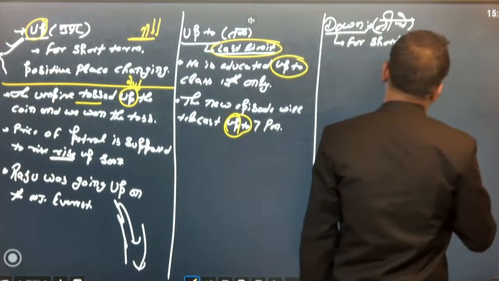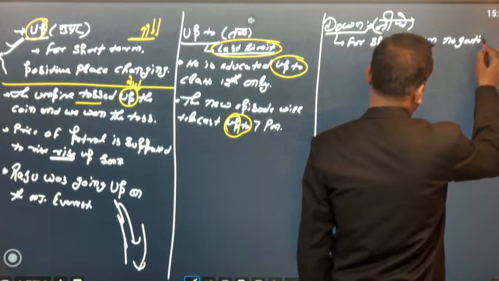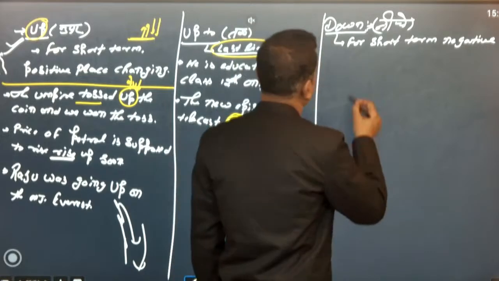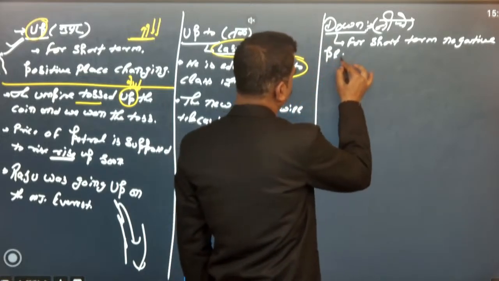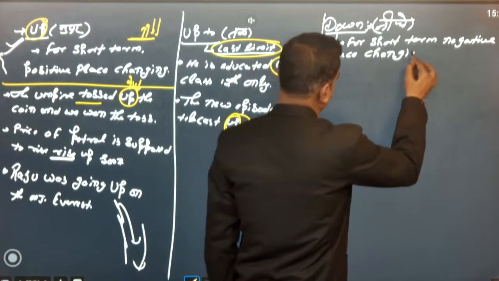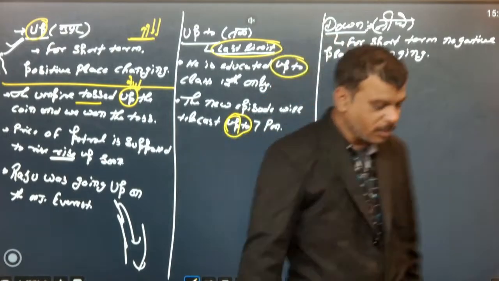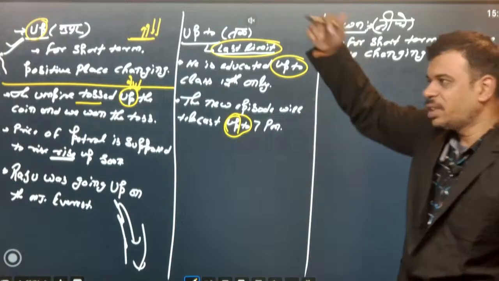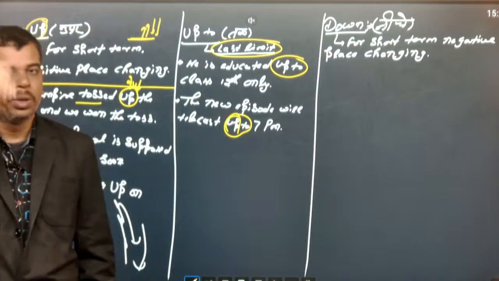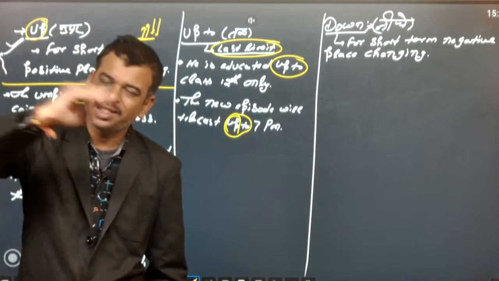For short term, negative place changing. नेगेटिव प्लेस चेंज. देखो कोई चीज ऊपर जाती है तो अप, बट वहां से नीचे आती है तो डाउन. मतलब ऊपर जाए और नीचे आने के चांस बने रहे तो अप, नीचे जाए ऊपर आने के चांस बने रहे तो डाउन.